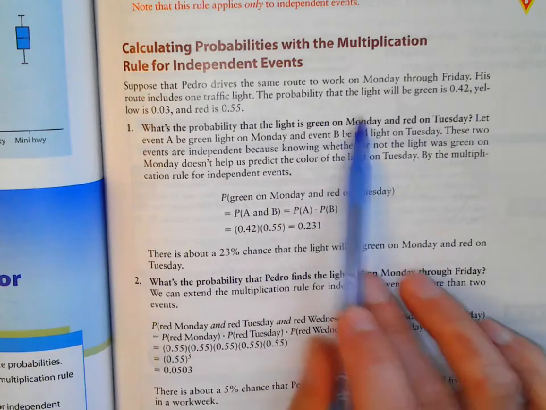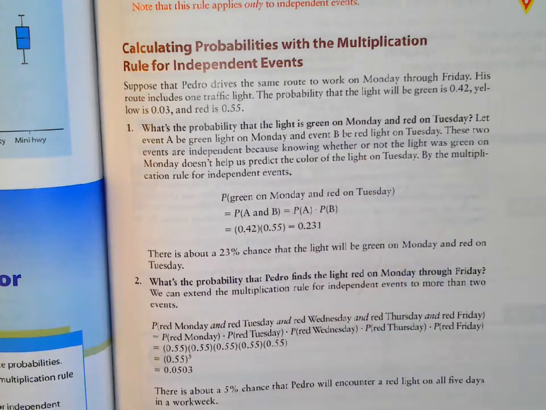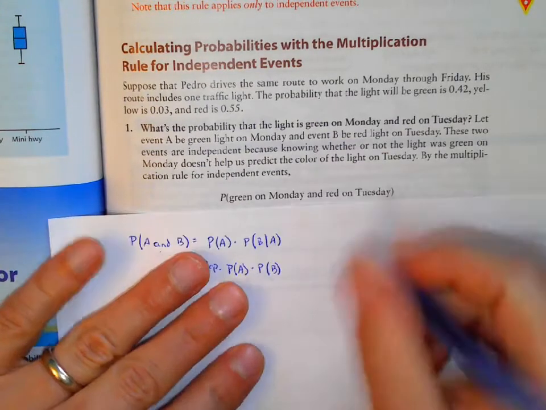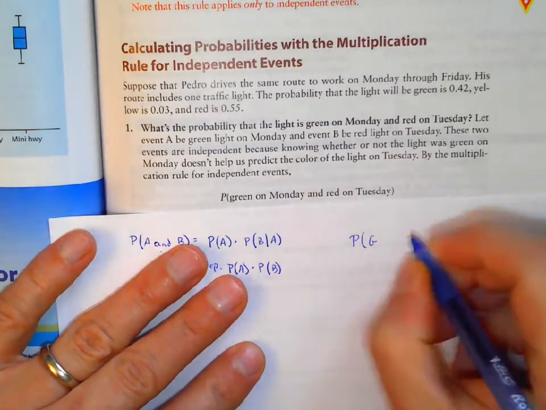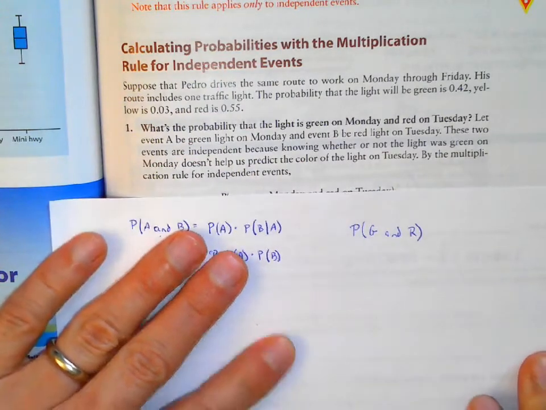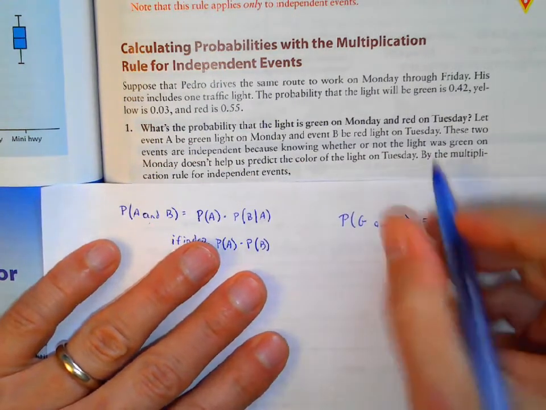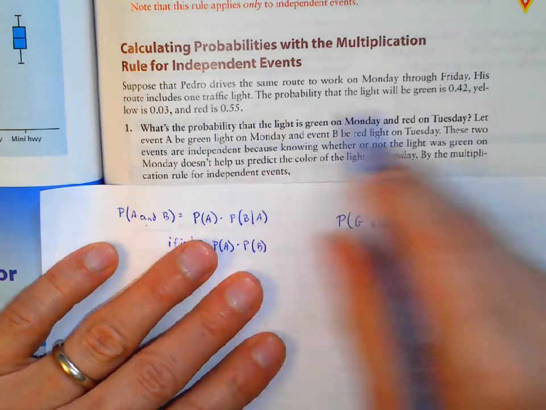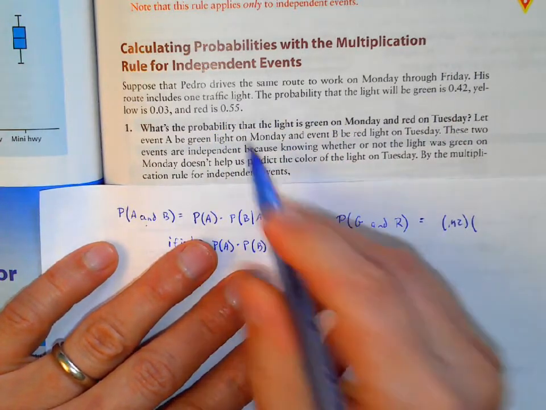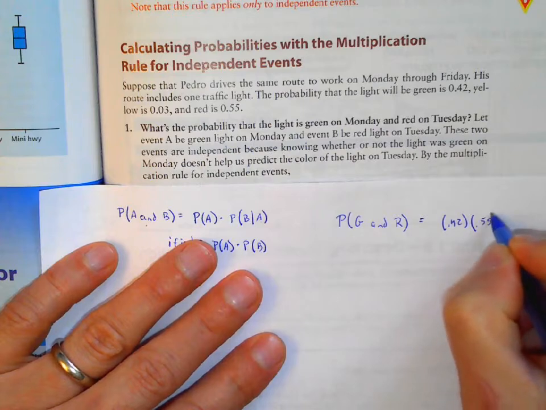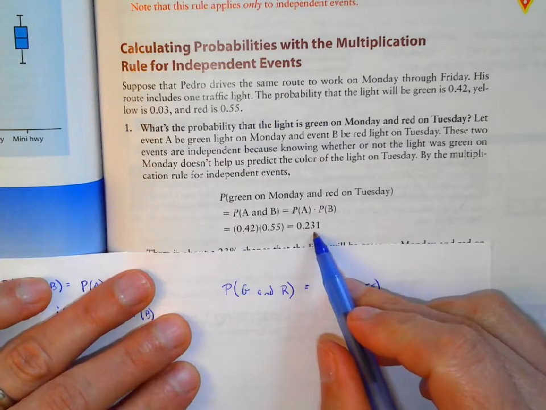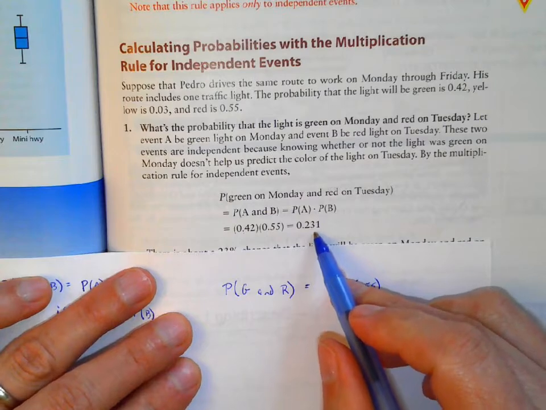The probability of something here does not affect the probability of the next day. So we want the probability of a green on Monday and a red on Tuesday. The probability of green we said was 42%, and the probability of red was 55%. So all you do is multiply those two together, and you get your overall probability of those two events happening.